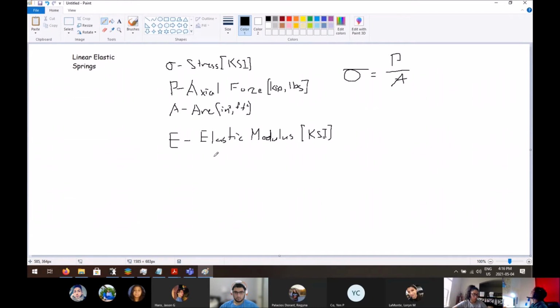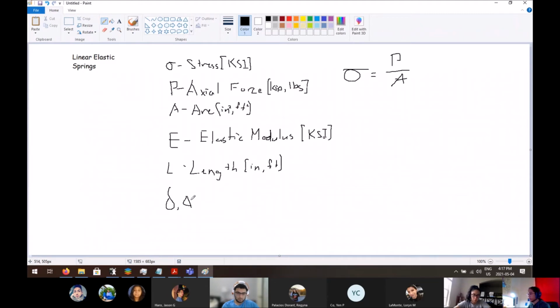So now you have what? L is length. Gotta define that real quick. L is length, which is measured in inches or feet. Now why do I bring all this up? Well, now we get into deflection, which is delta.